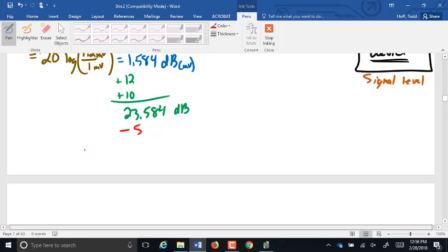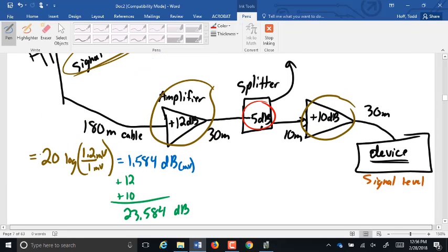Can anybody tell me what the other loss is? Cable. Let's assume that's coax. You know what the loss is in coax cable? Nine dB per 100 meters.